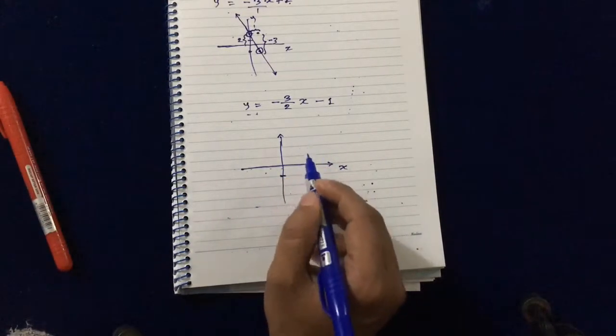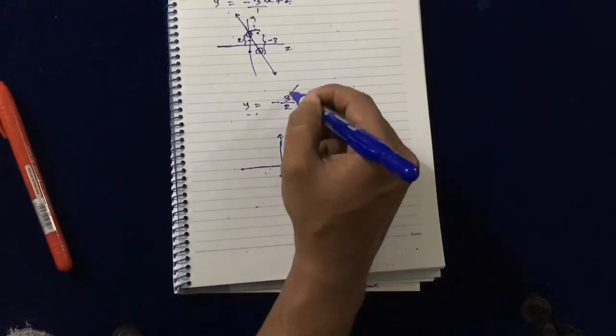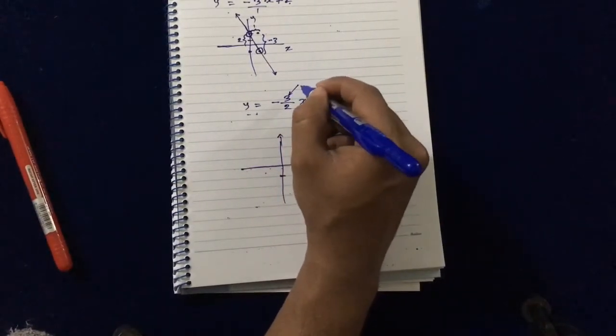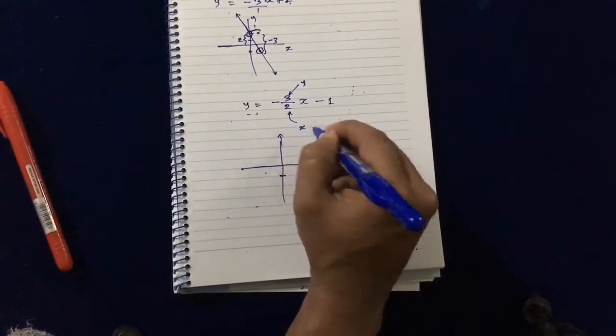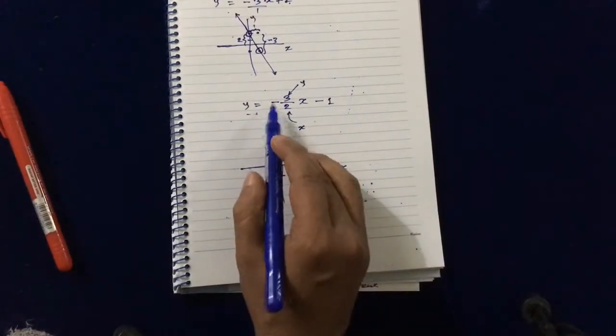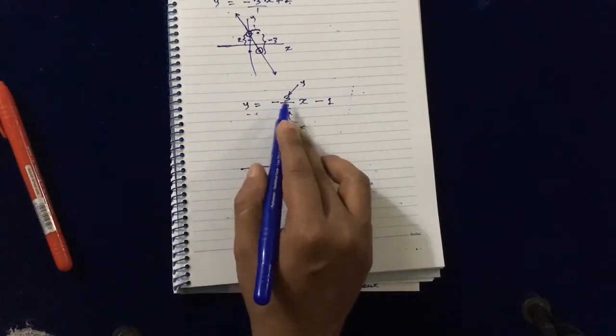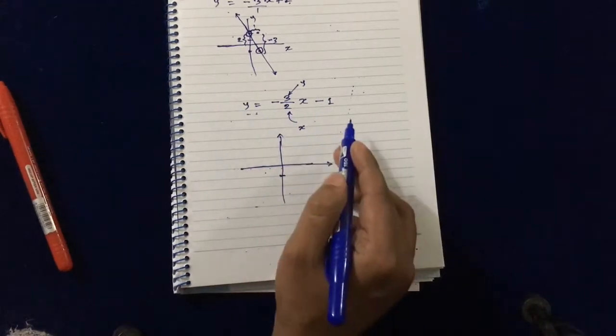Okay, and this is rise over run. This is our y value, and this is our x value. Like x direction, this 2 will go to the x direction, this 3 will go to the y direction. Now there is a minus here. Is this minus with 3 or with 2? That is my question.